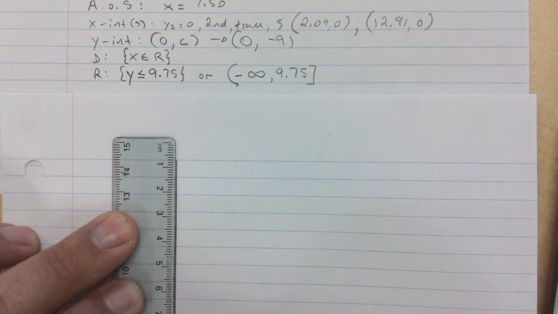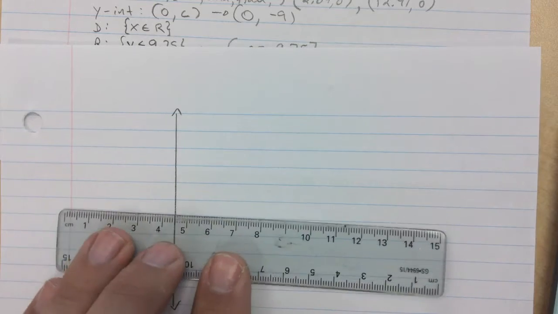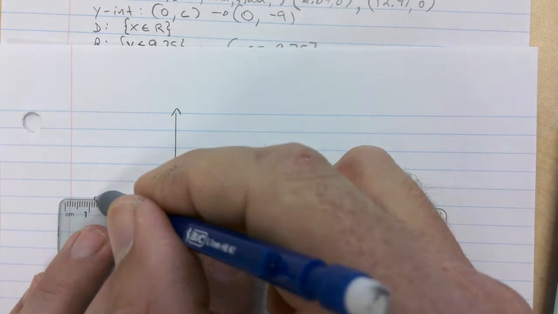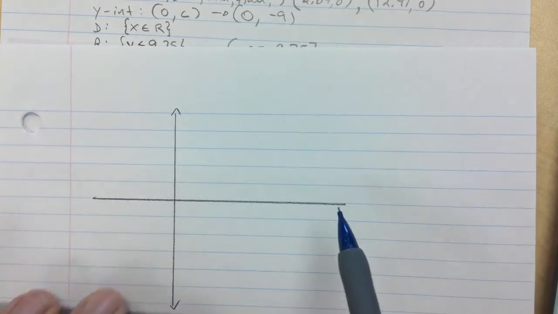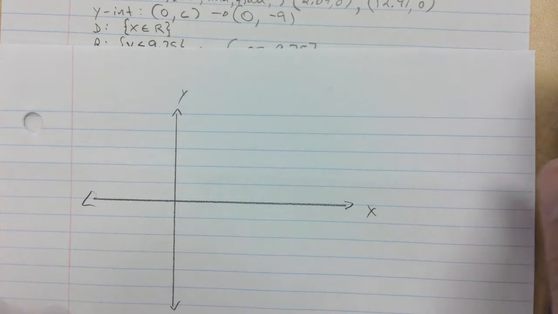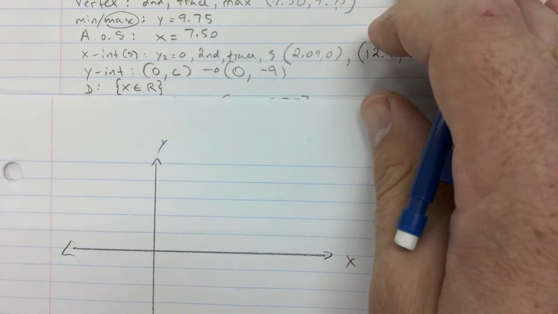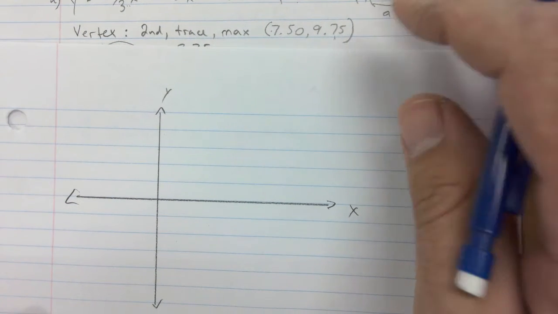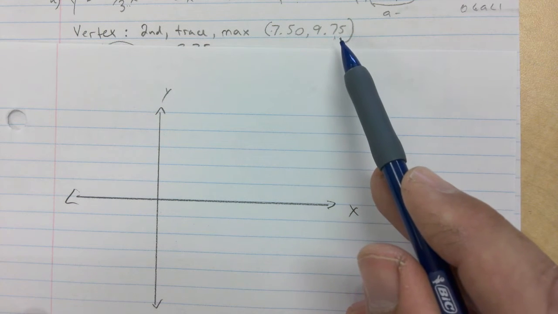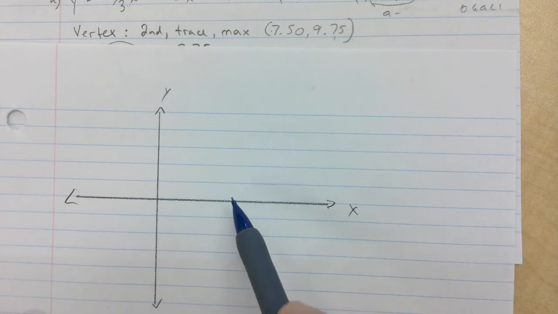So you start with your y, and you go x. And notice that your vertex is (7.5, 9.75), so you need to have enough room to fit that in.